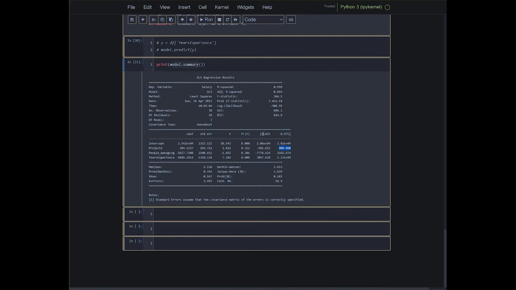There are some other values over here, the column 0.025 and the column 0.975. These are the measurements of values of our coefficients which are lying within 95% of the data, or in other words, within 2 standard deviations. For example, the projects coefficient value is 304, and the column 0.025 shows here negative 301, and the column 0.975 shows value 909.